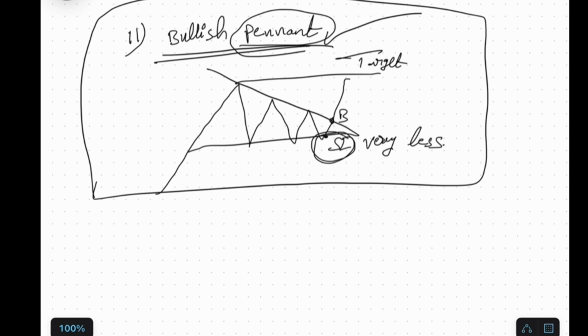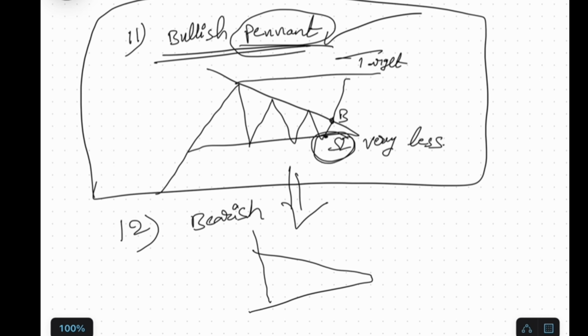Let's go for another one. Similar one. Twelfth one is the bearish pennant. Similarly, bearish pennant. Same scenario. It will look like this. From the upside it will come down.